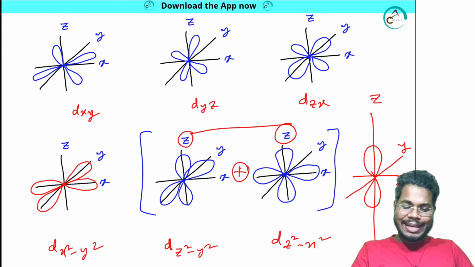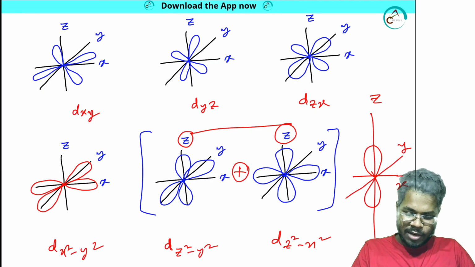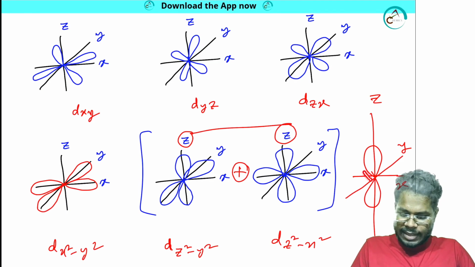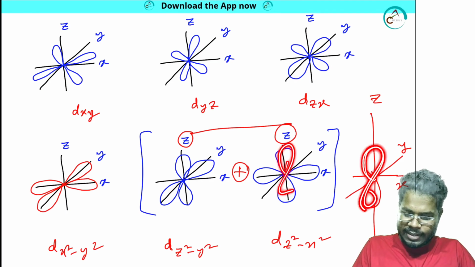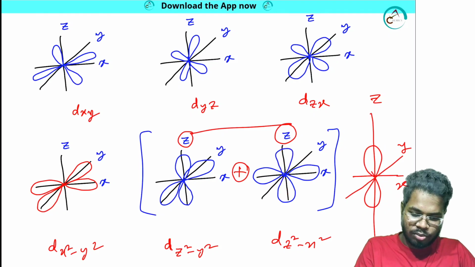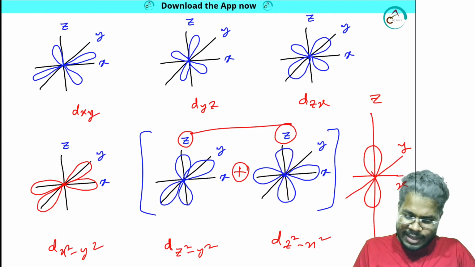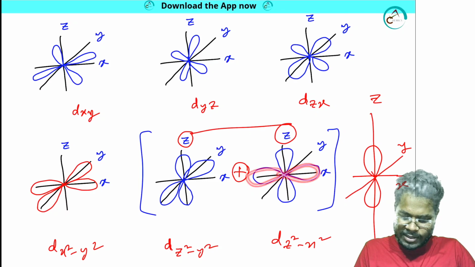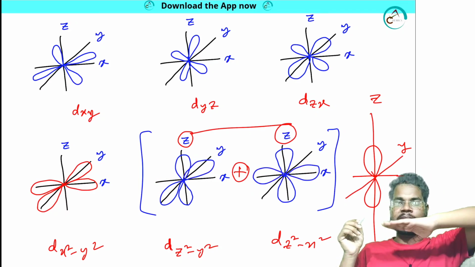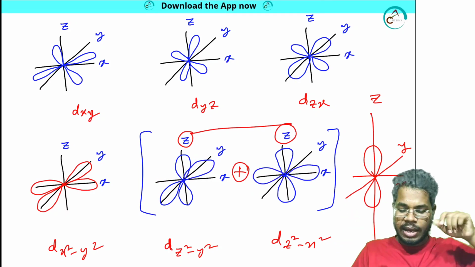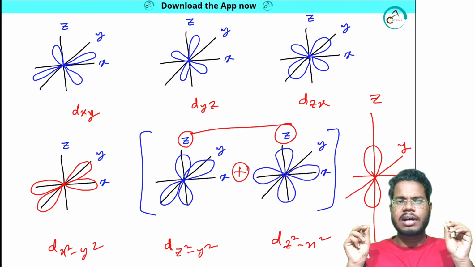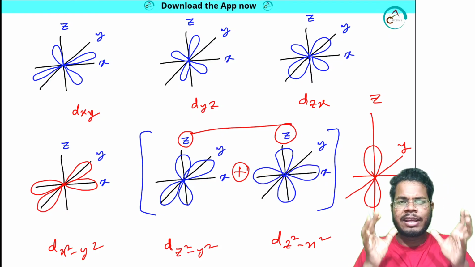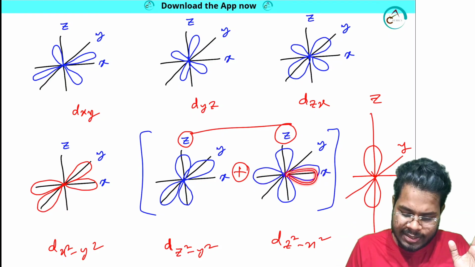Clear? So in this case, just look at this system carefully. In this system z is common, that's why I have written z like this, and along with that, this is the x axis and this is the y axis. That means in the xy plane electrons are present. Electrons are spreading throughout the xy plane from the x axis and y axis.